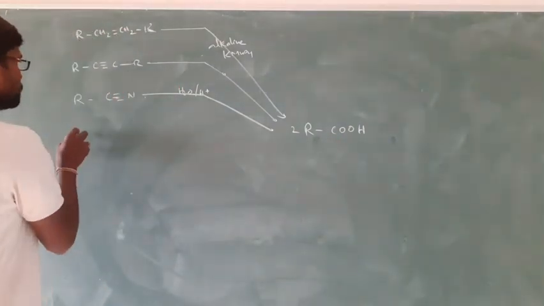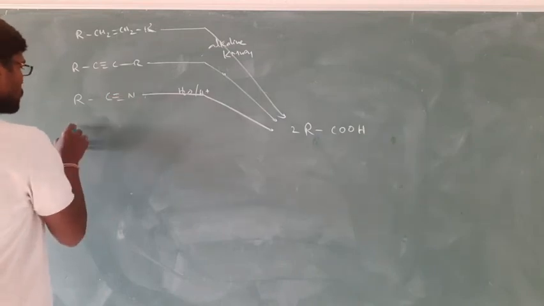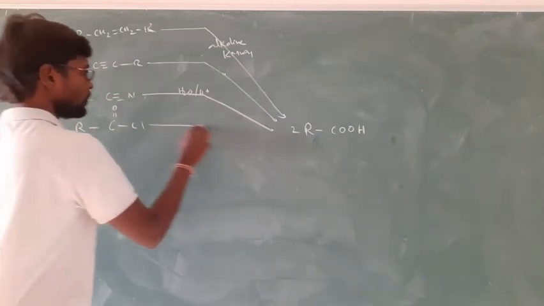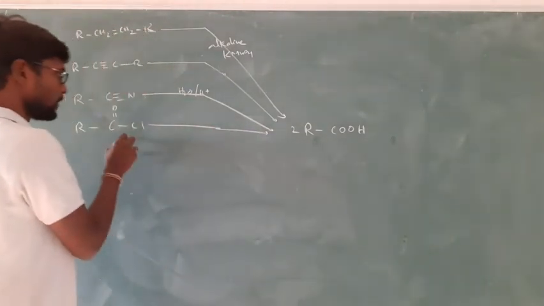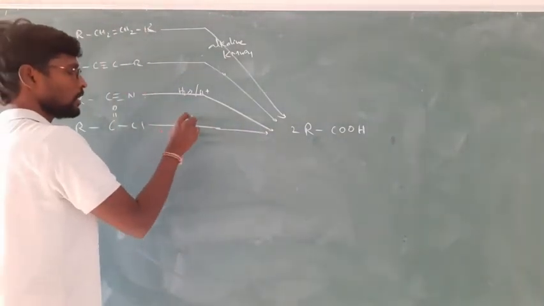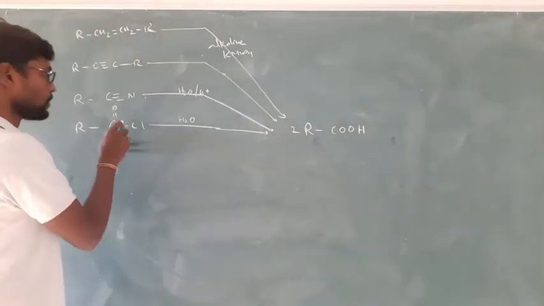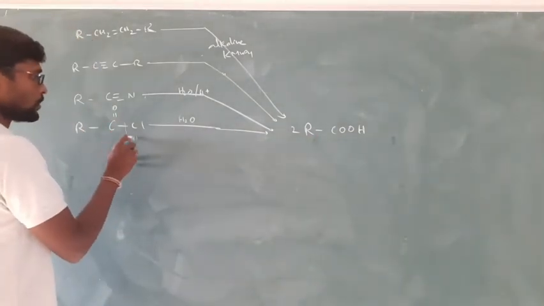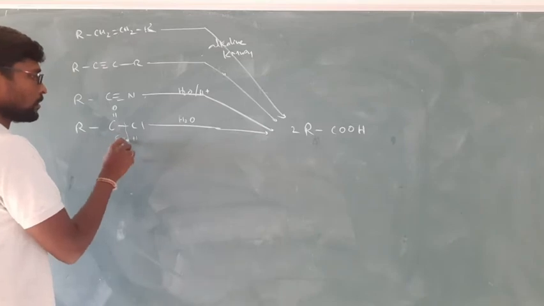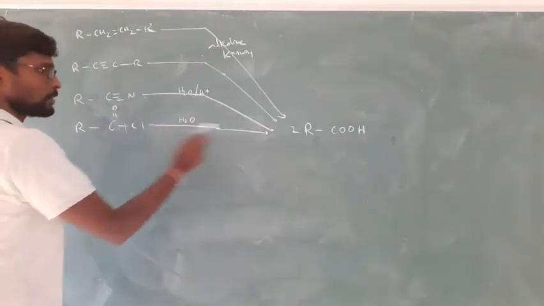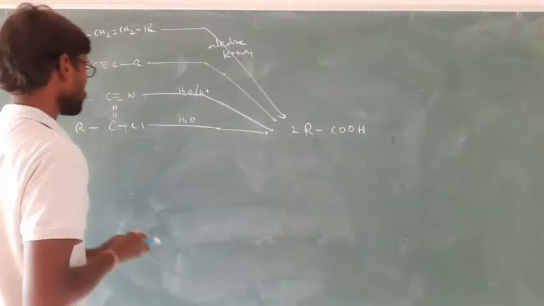The next one is RCOCl, from acid halides. Again, if you hydrolyze, you will get carboxylic acids. The bond will cleave and the Cl is replaced by OH, so you get COOH. The main product is carboxylic acid.